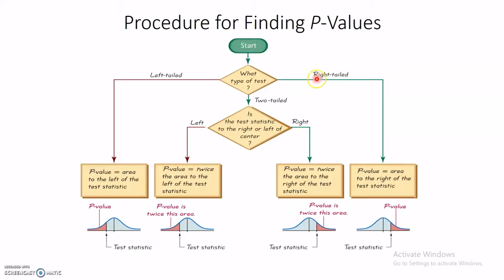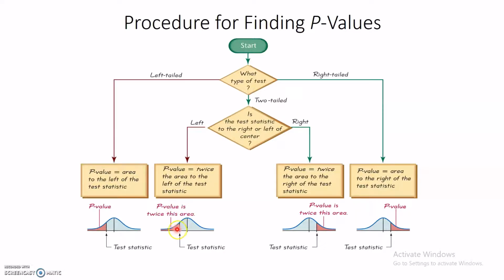Let us suppose that it's a right tail test. Then the p-value is the area to the right of the test statistic. This is the test statistic, and this area will be the p-value. And what happens if it's a two-tail test? Then we have two situations. If the test statistic is to the left of the center, then the p-value is twice this area.